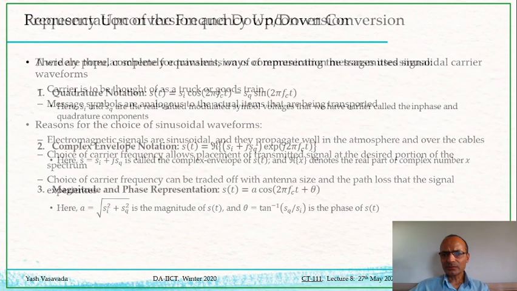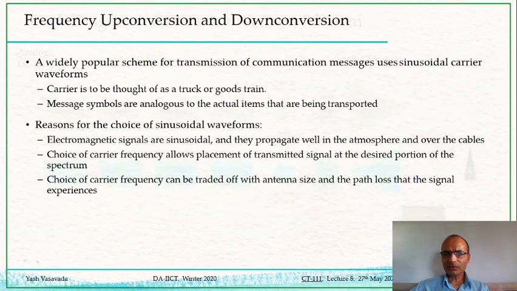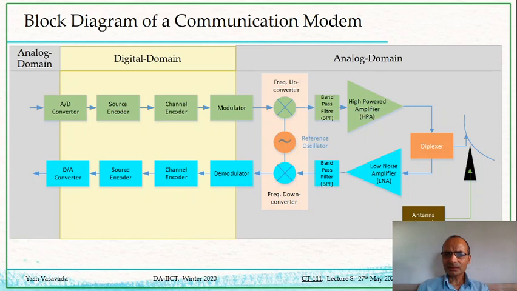So we will assume that those types of signals, cosine and sine, are available at the receiver as well. At the transmitter, those signals have to be there because it is only because of those signals that the signal can be sent to the antenna.